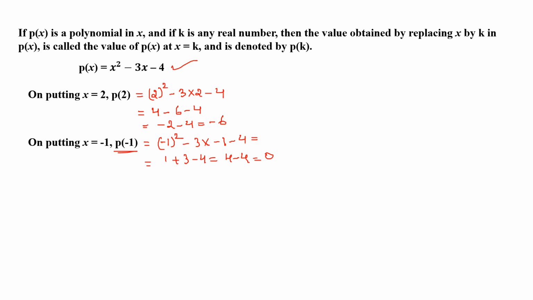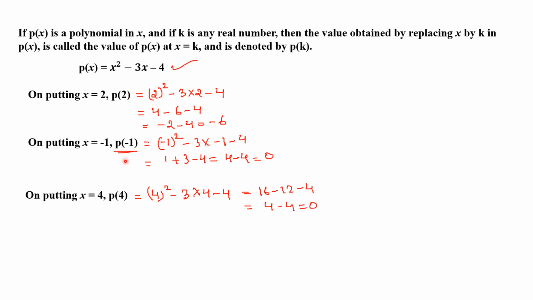Right? Now let me take another value also. So now take x equal to 4. So p(4) will be equal to 4 square minus 3 into 4 minus 4. So 4 4s are 16 minus 12 minus 4 and 16 minus 12 will give me 4. So 4 minus 4 equal to 0.